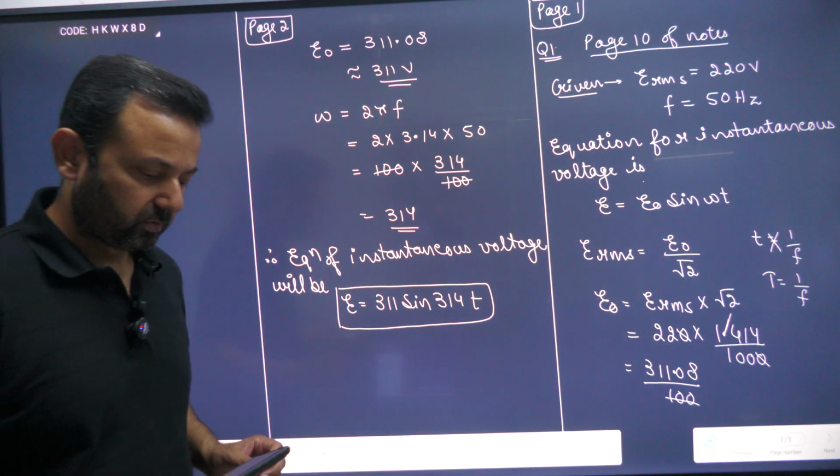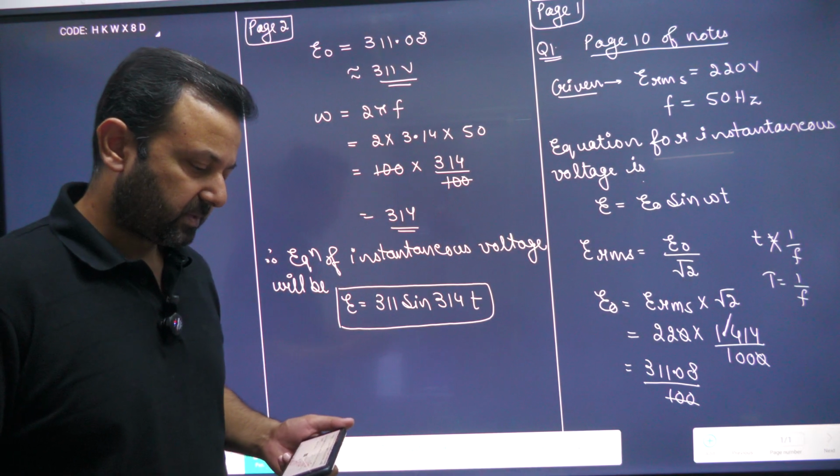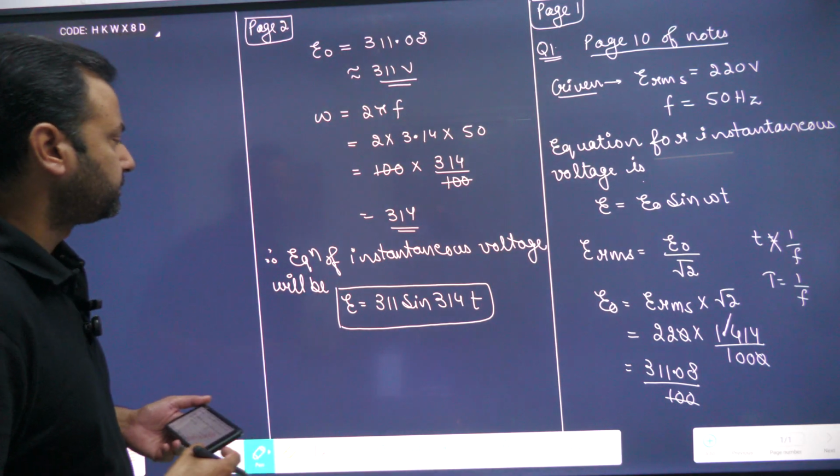Now let's move on to question number 2. Calculate the RMS value of the AC shown in figure.